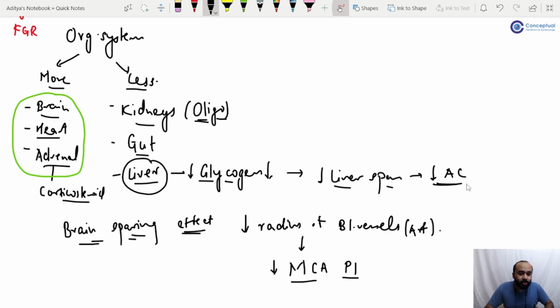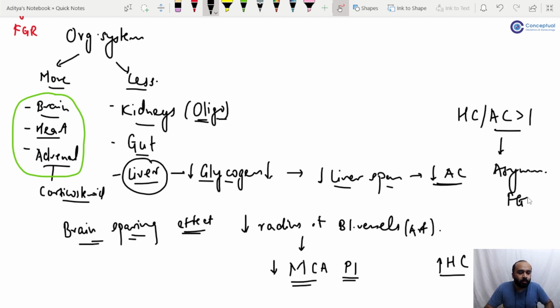Whereas the blood is still being given to the brain, which keeps the head circumference normal. So basically, the head circumference now is going to be more than the abdominal circumference, and the ratio that we spoke of, that is HC by AC, is going to be more than 1. This is exactly what happens in asymmetrical fetal growth restriction.